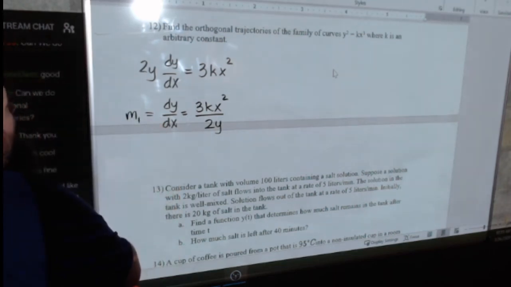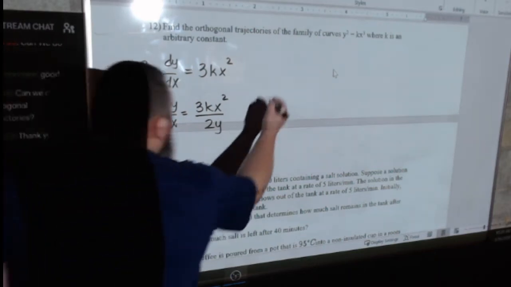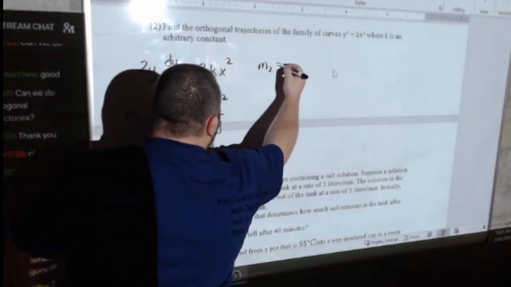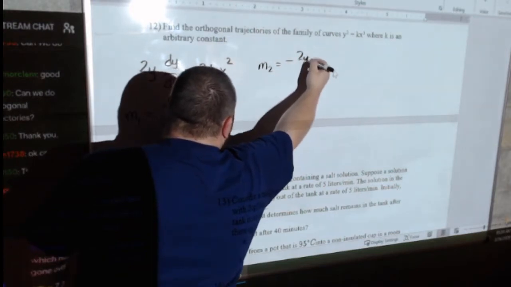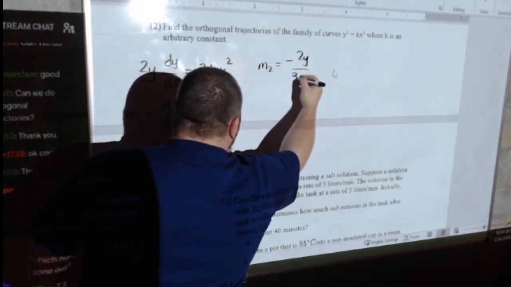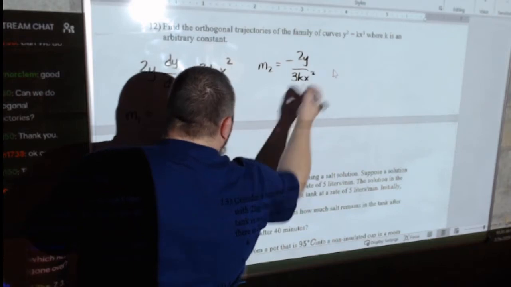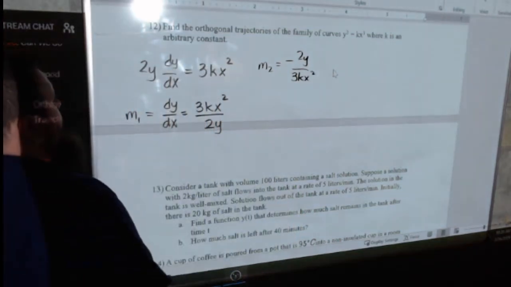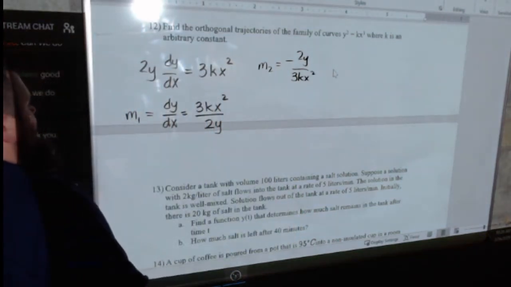We want the orthogonal trajectory, so that would be the opposite reciprocal of that slope. So the slope of the thing we want is going to be negative 2y over 3kx squared. Before we set that equal to dy dx and do our differential equation, we must replace k.